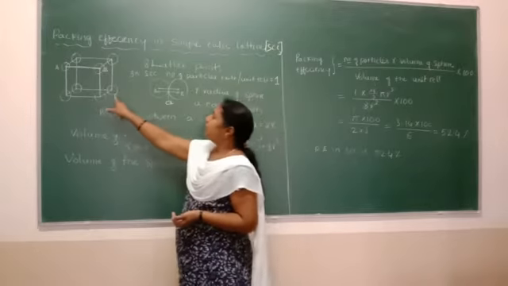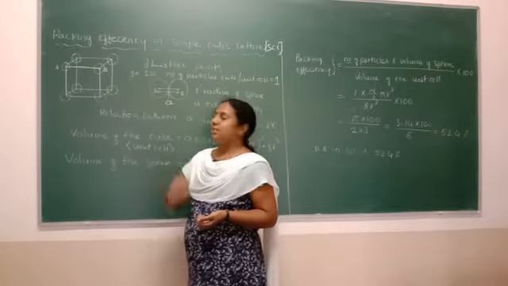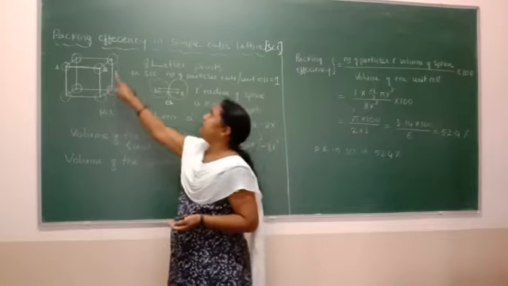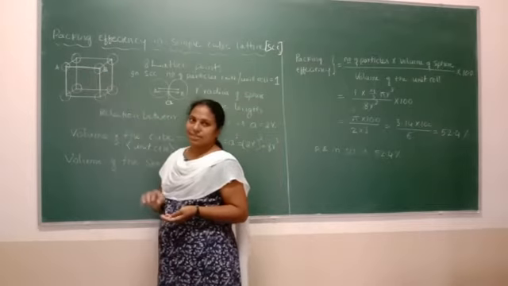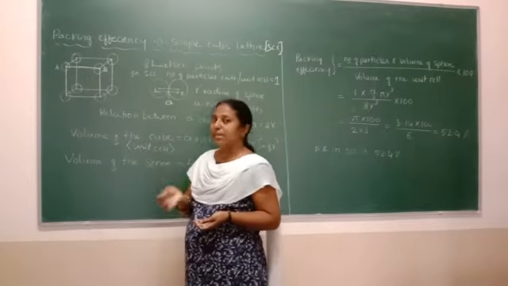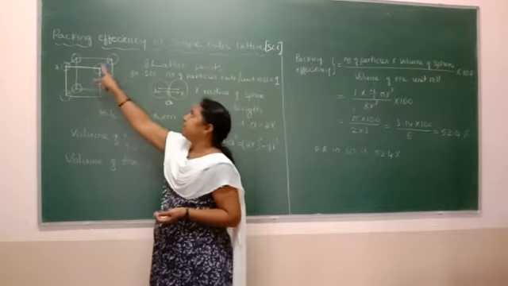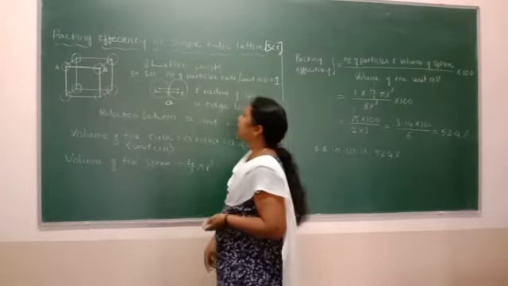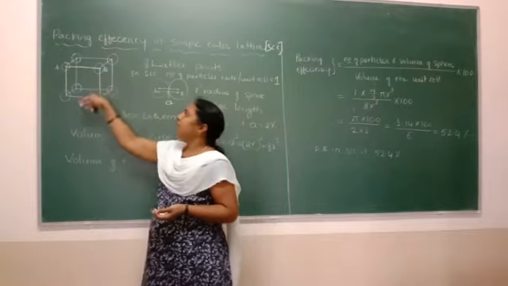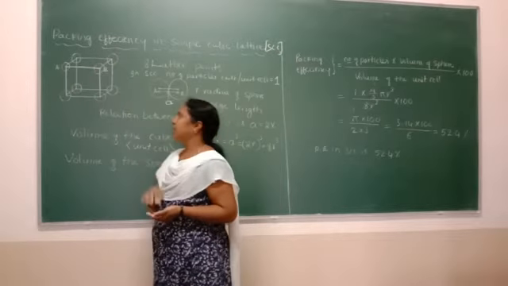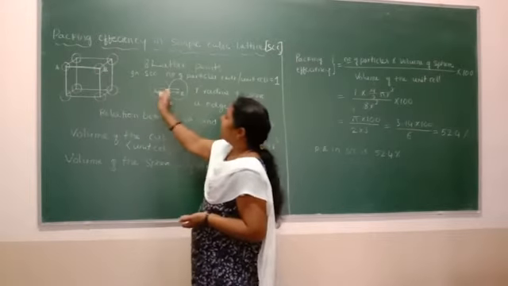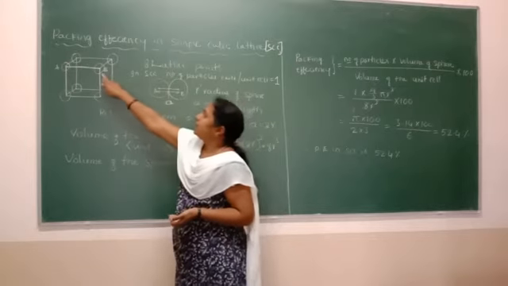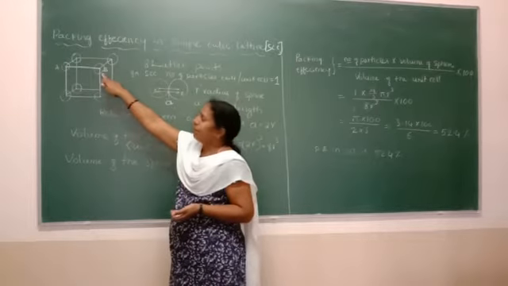Each lattice point is represented in the form of a sphere like this. That means each lattice point or each particle is represented as a sphere. We have arranged 8 lattice points at the 8 corners of a unit cell. In this structure, the sphere is the representation of a particle.